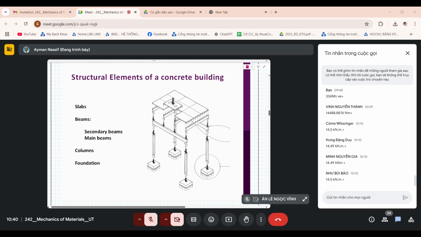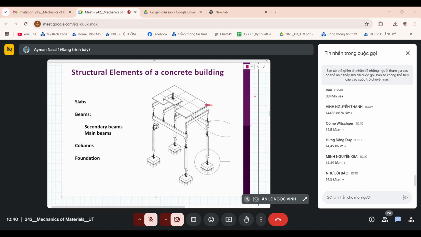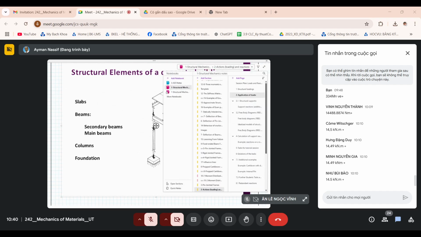How the load is transferred. Here you can see what I'm talking about: a uniformly distributed load, UDL, transferred between the slab and the beams. Okay, so this is an idea we need to keep in mind for the future.